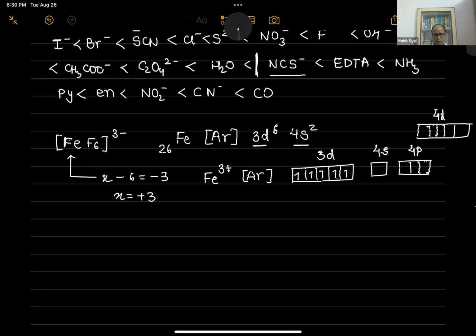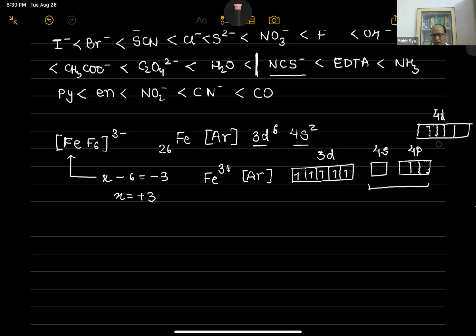The 4s, then 4p. So 4 we have already chosen, and 2 empty orbitals from 4d need to be chosen.